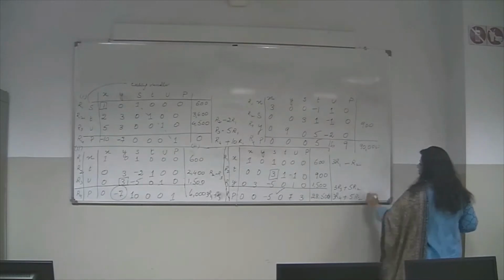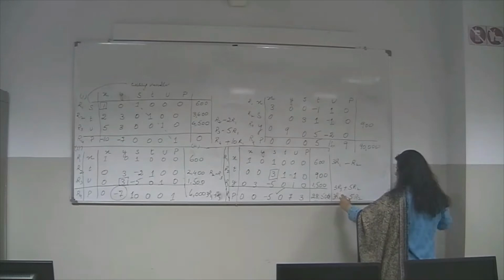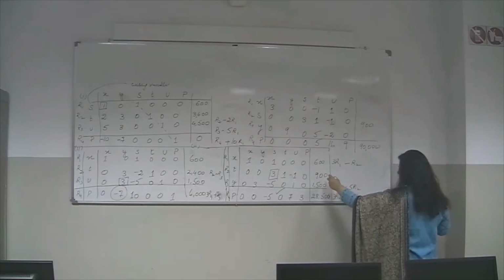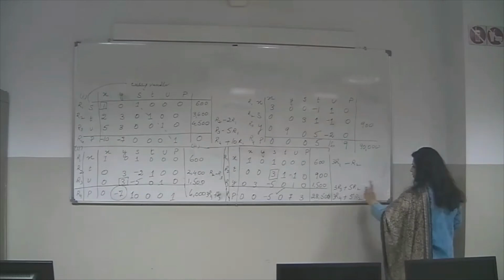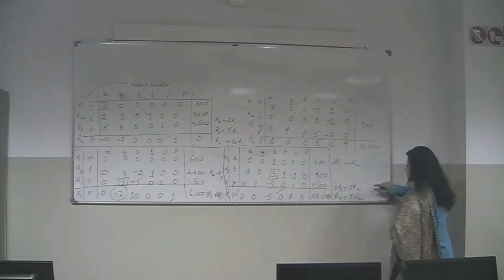And what we have done is to just multiply it with 3. And since this is R2, we are going to be taking 900, which is about 1,500. So we're not going to take this one, we're going to be multiplying it with 5. So we get 4,500. So 85,500 plus 4,500, you get 90,000 here.